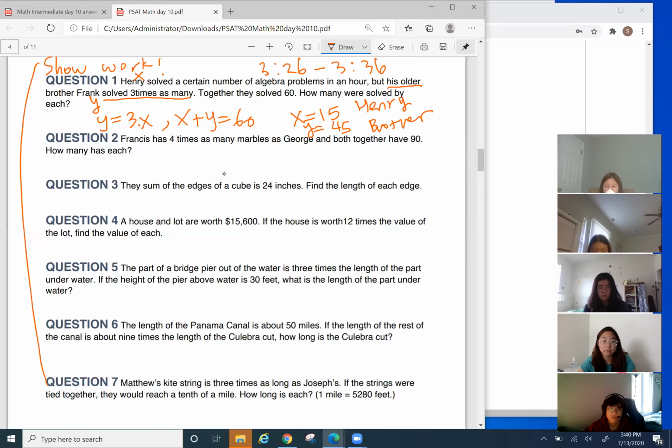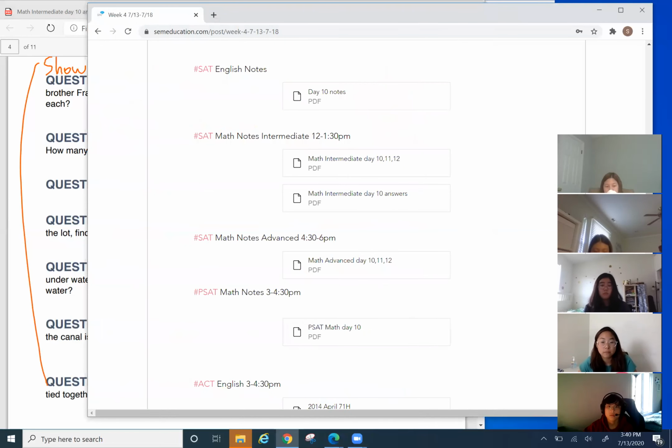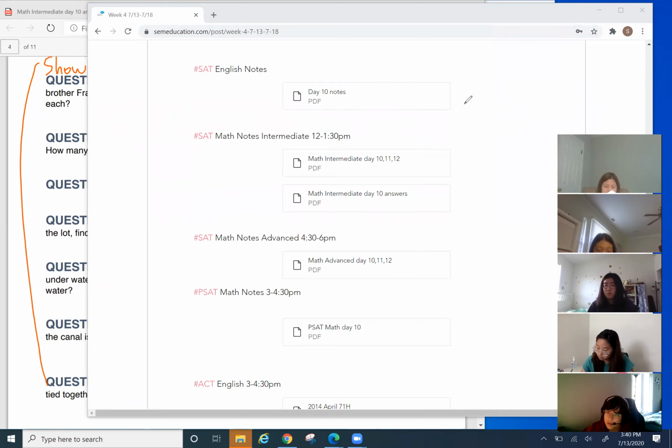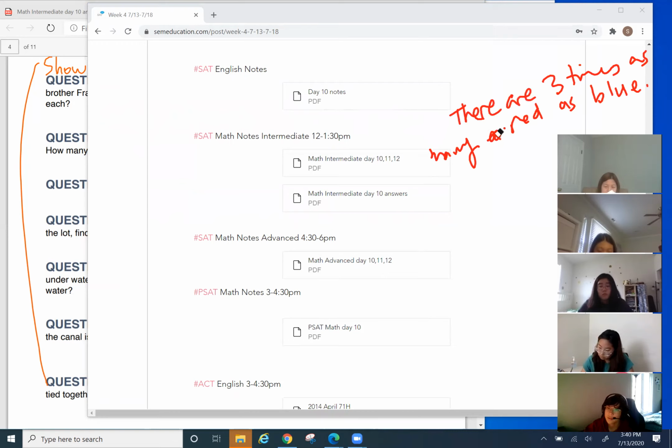So a question like, I'm just going to write it here: if there are 3 times as many red as blue, is there more red or blue? In this sentence, is there more red or blue? Red.